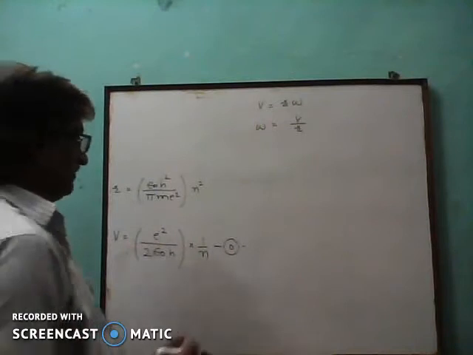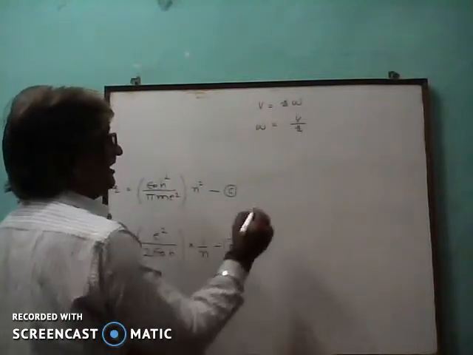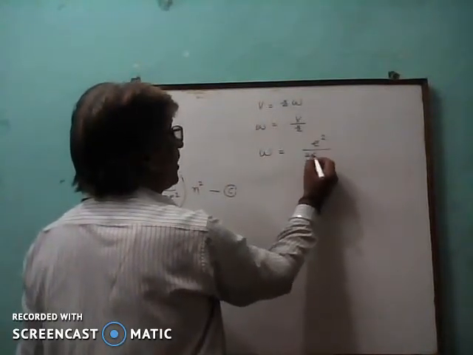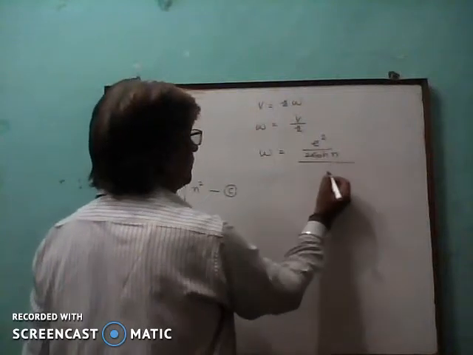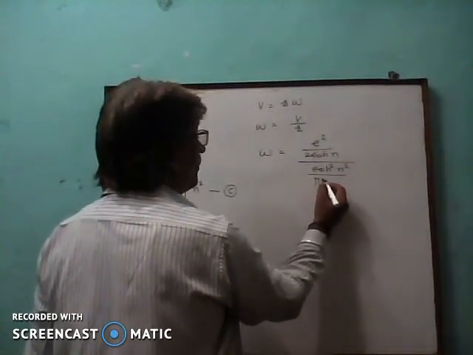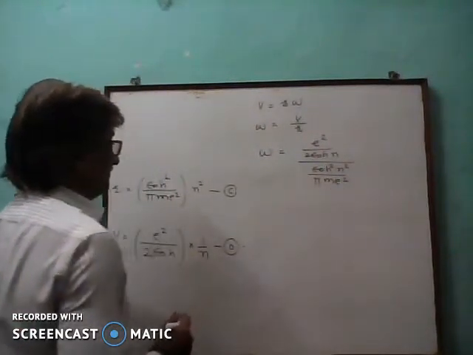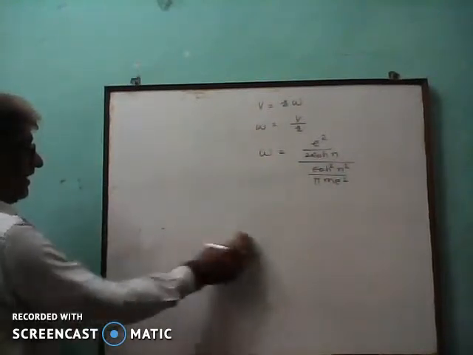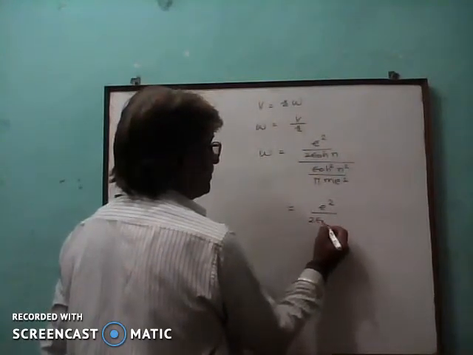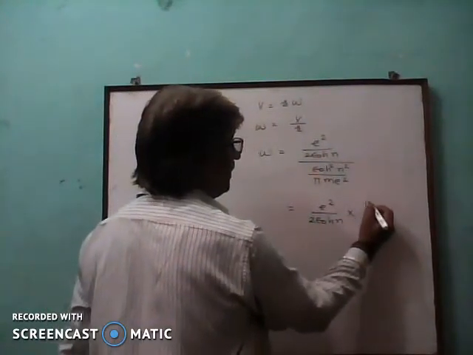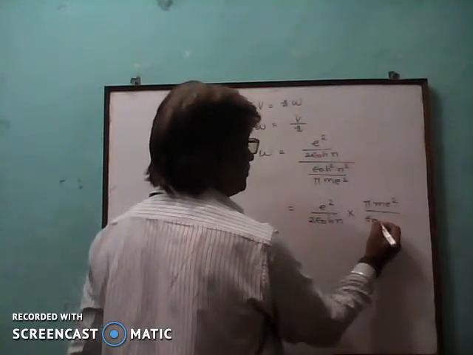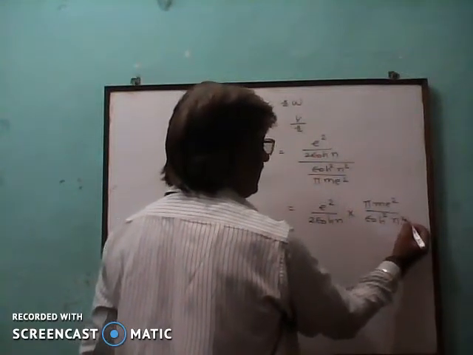If we substitute here the values of C and D, what happens? Omega is equal to e square upon 2 epsilon 0 hn upon epsilon 0 h square n square upon pi m e square. So rearrange the terms. You get e square upon 2 epsilon 0 hn multiplied by pi m e square upon epsilon 0 h square n square.